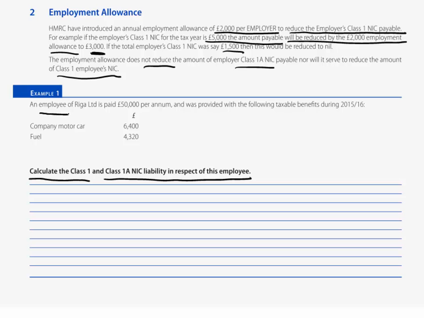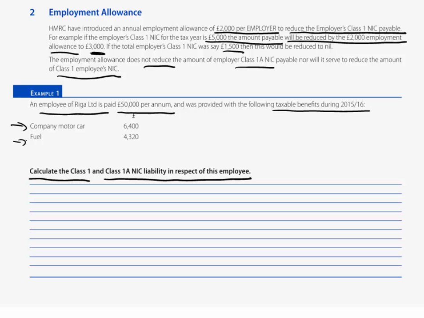So we see that we're dealing with an employee of a company, Riga Limited, paid £50,000 per annum. In relation to your cash earnings, your salary, you know that there would be Class 1 NIC payable by the employee and also payable by the employer, and the employee was also provided with the following taxable benefits: company car and fuel benefits.